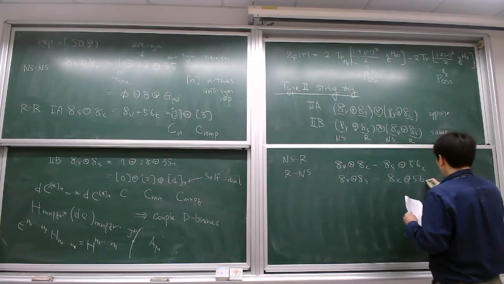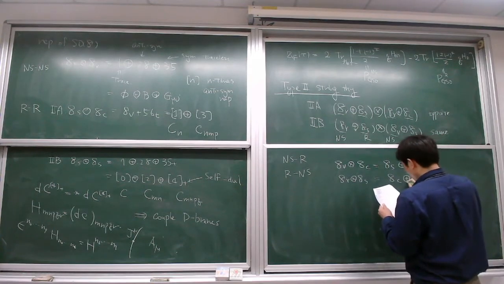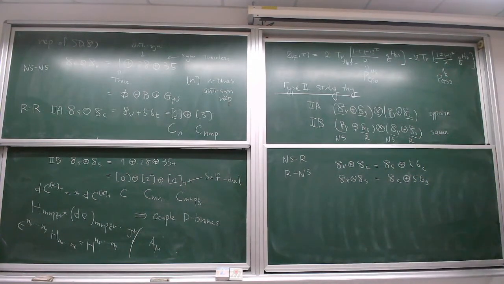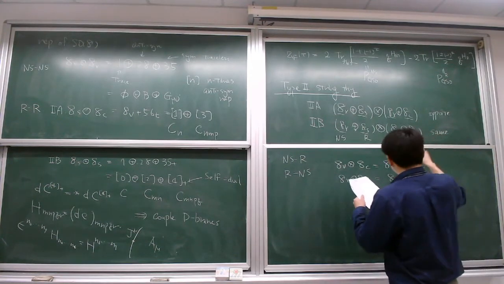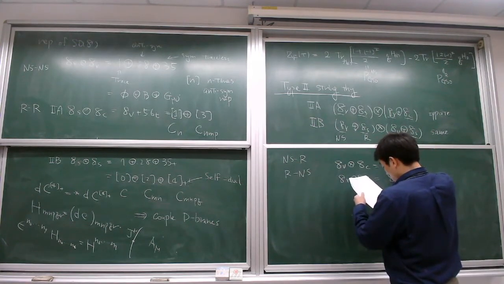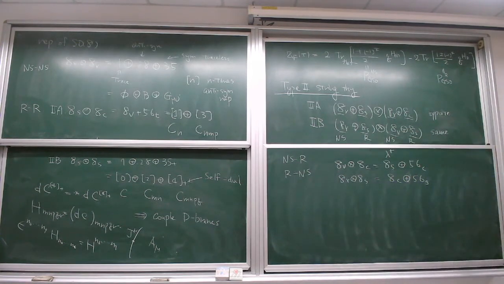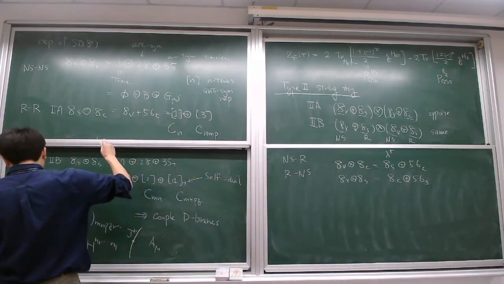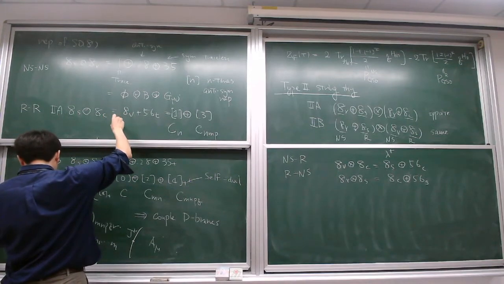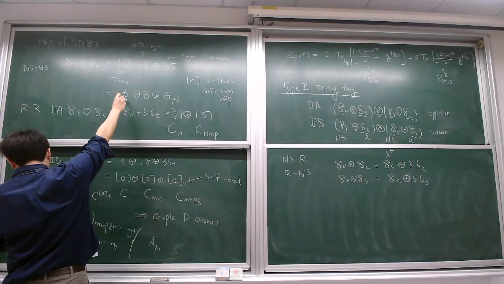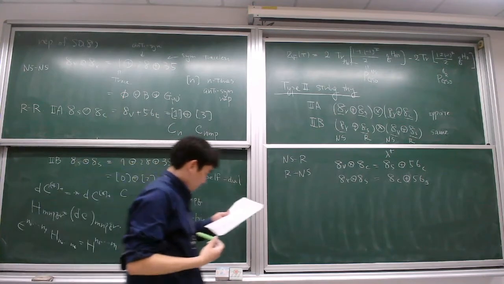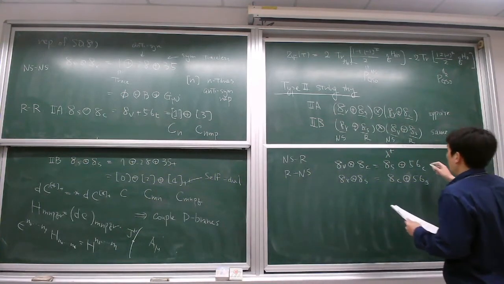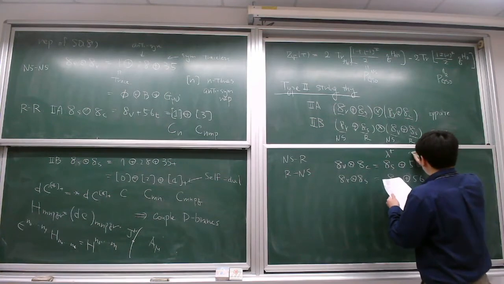Oh, sorry, S. It's a different representation. Okay, and then this one is called lambda plus. Sorry, it's not Gaussian, it's the Dilatino. It's the super partner of the Dilaton. Dilaton field, Dilatino, and also here you should have the psi minus.